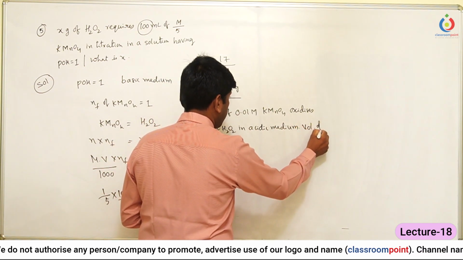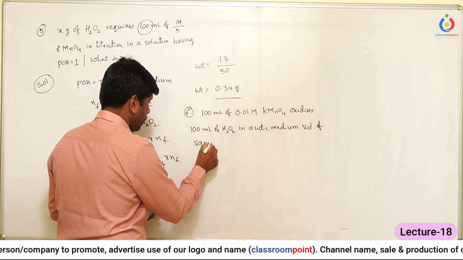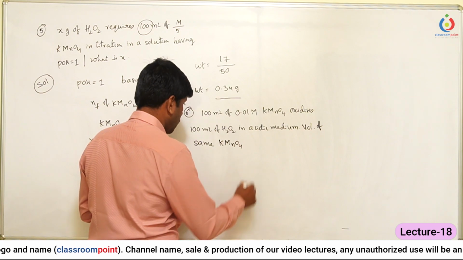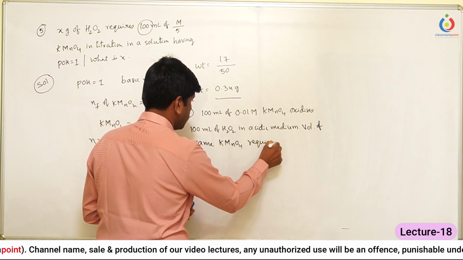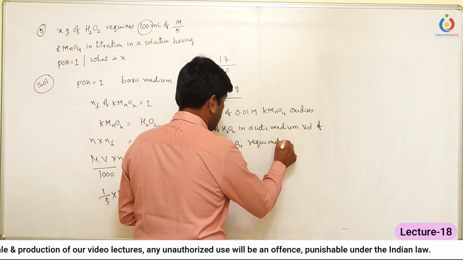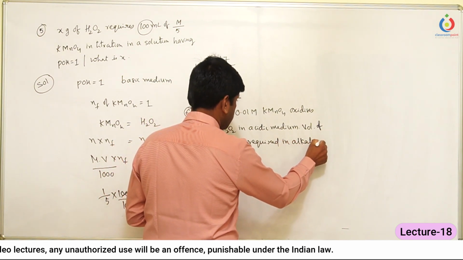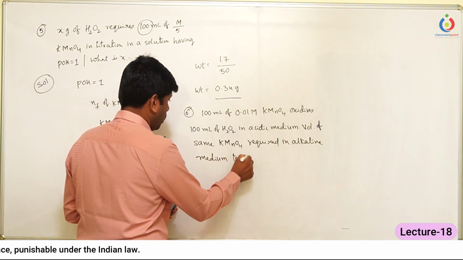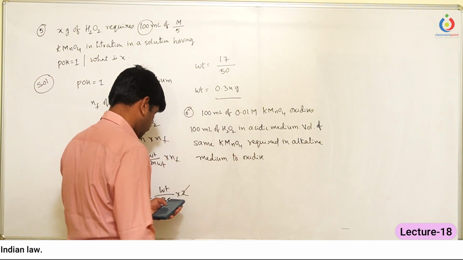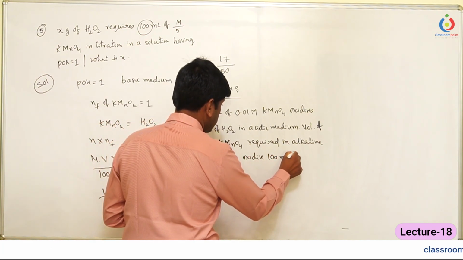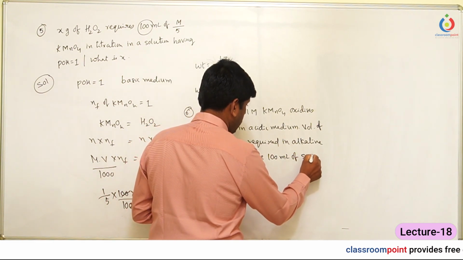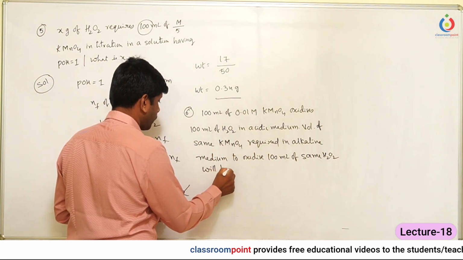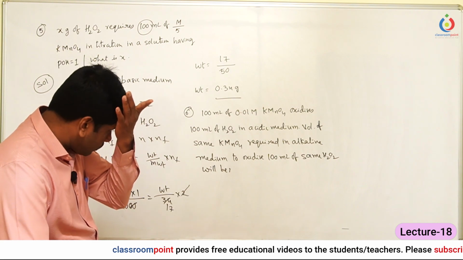The volume of the same KMnO4 required in alkaline medium to oxidize 100 ml of the same H2O2 will be. So this is the question.